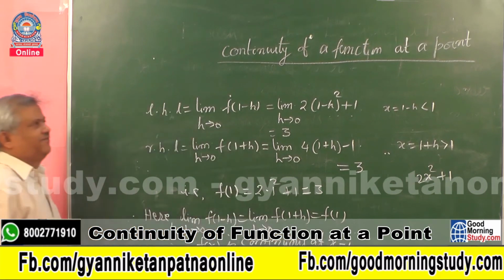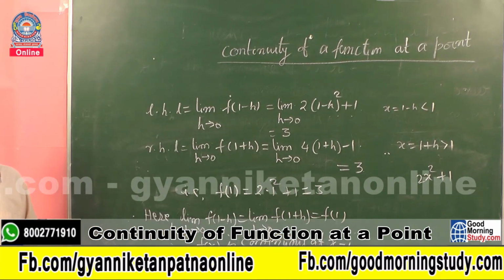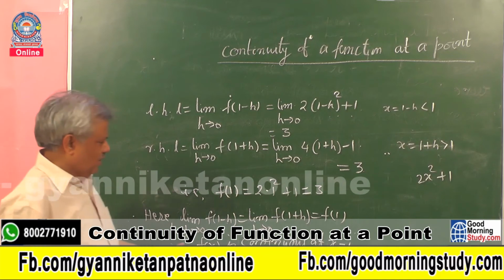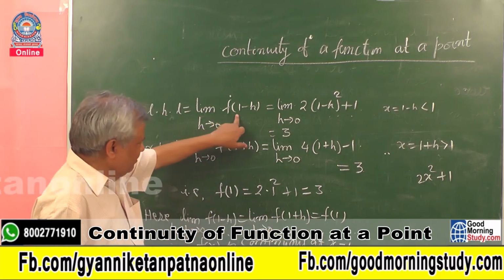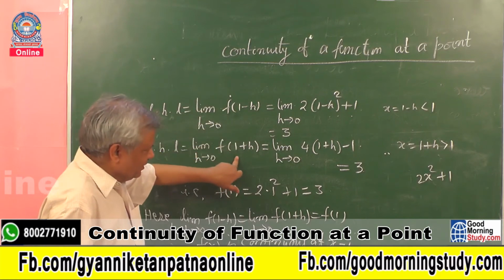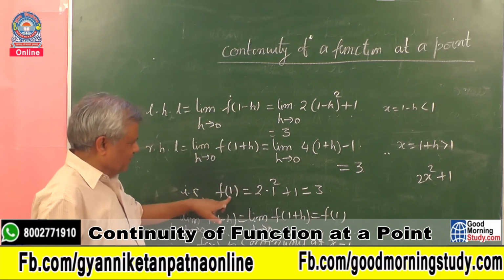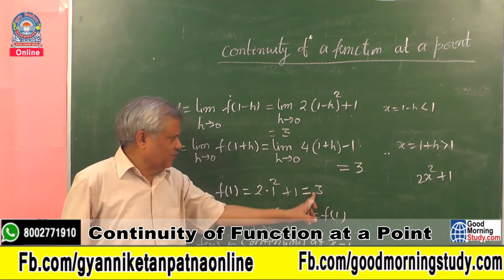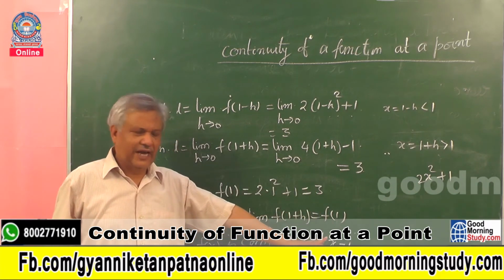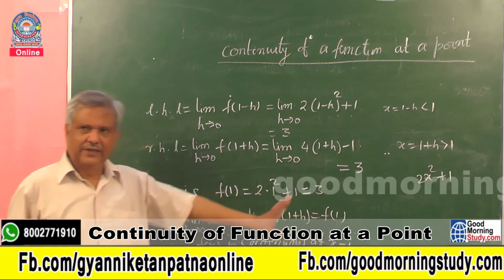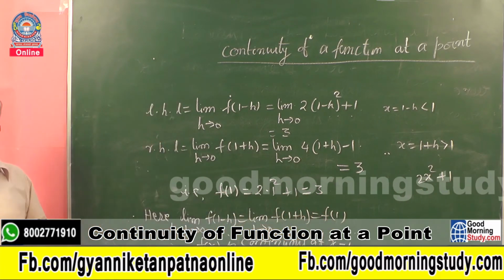This is how we verify that the function is continuous at any particular point. We find out the left hand limit, we find out the right hand limit, and we find out the value of the function. If the 3 become equal, then we claim that the function is continuous at that particular point.